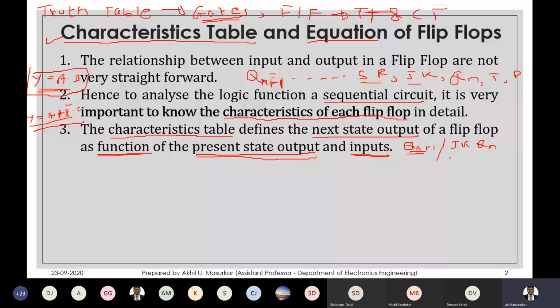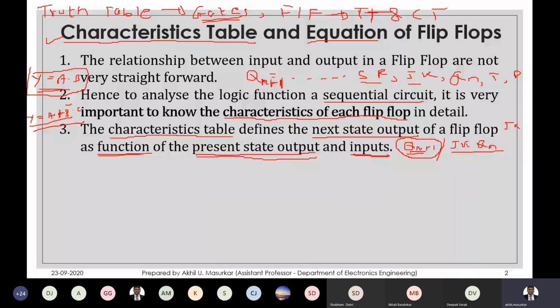So what does the characteristic table define? It defines the next state output, Qn plus 1 of a flip-flop, as a function of the present state output and inputs. The present state inputs are JK, for example, of a JK flip-flop, and the output is Qn.